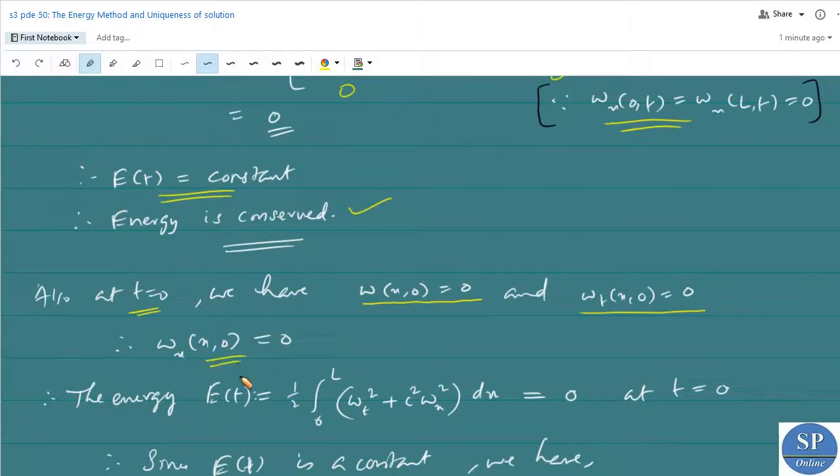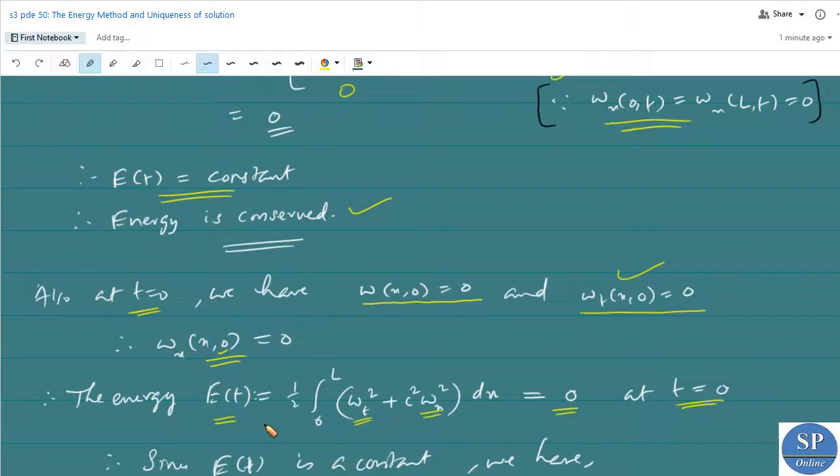Therefore the energy E of t is equal to 1 by 2 into the integral 0 to L of Wt square plus c square into Wx square dx, which is equal to 0, because at the point t equals 0 we have Wt equals 0, and Wx is also 0 when t equals 0.